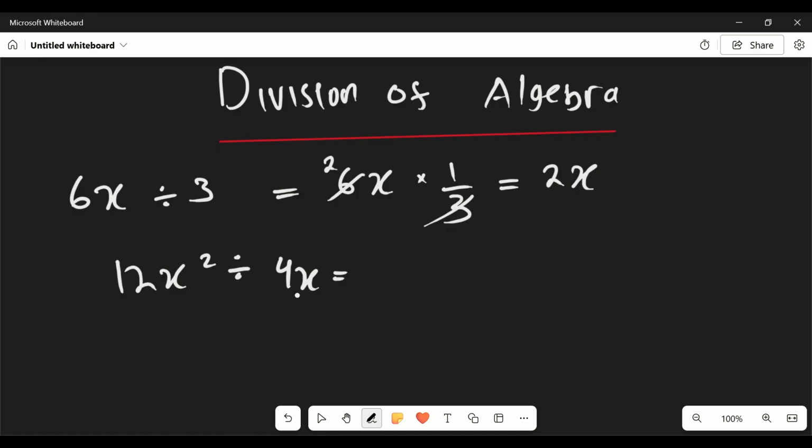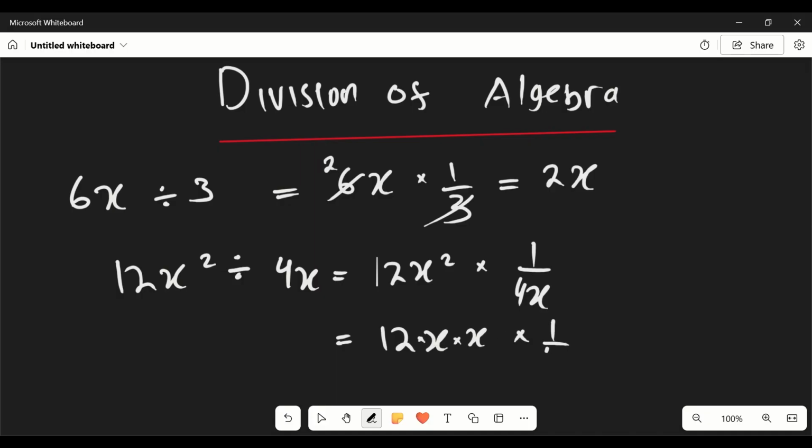So we can change this into multiplication and this into the bottom. So we get 12x squared multiplied by 1 over 4x. Or we can just write it this way: 12 times x times x times 1 over 4x. We can cancel this, and we can cancel this again. We get 3. So we have 3x.